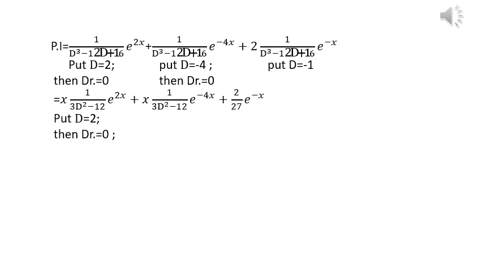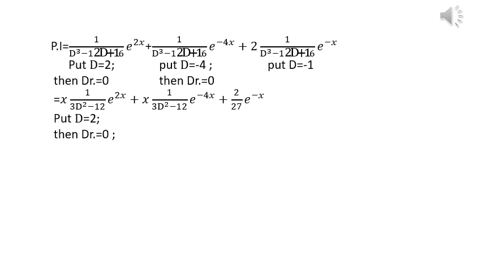Check what happened to the denominator. Here putting d is equal to minus 4, the denominator is 0. So I must write the equivalent formula. The equivalent formula is x into 1 by 3d square minus 12 numerator e to the power minus 4x. How did I get this 3d square minus 12?